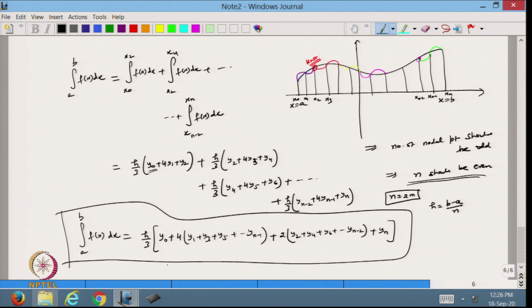In this case, I will find the h, then y0 plus 4 times the odd values, plus 2 times the even values, that is the interior values, plus yn. y0 and yn are the boundary points where we know the value of the function; we only have to take the internal values, odd and even, and multiply by 4 or 2. That is the solution for the Simpson one-third composite rule.